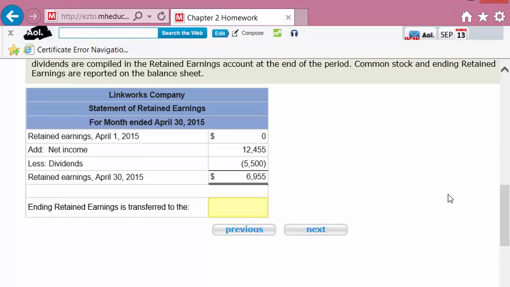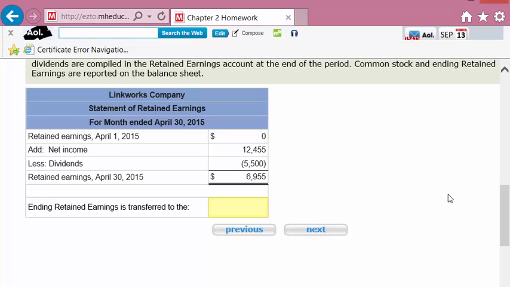And so how did I get from 0 to 12,455? I must have added 12,455. The A is the add, yes. A is add. Which, the add to retained earnings is my net income.